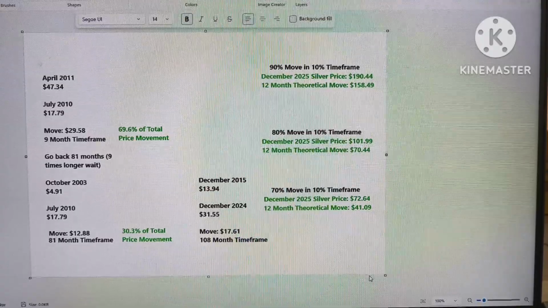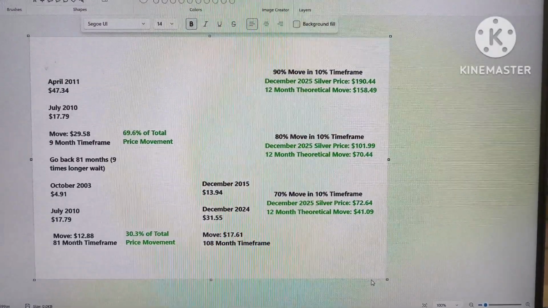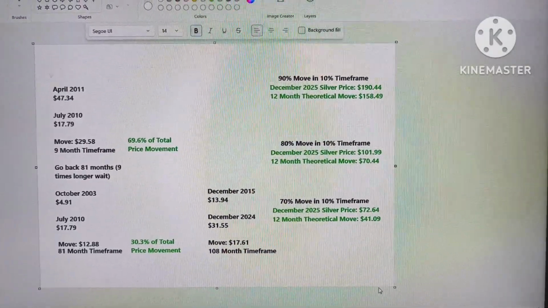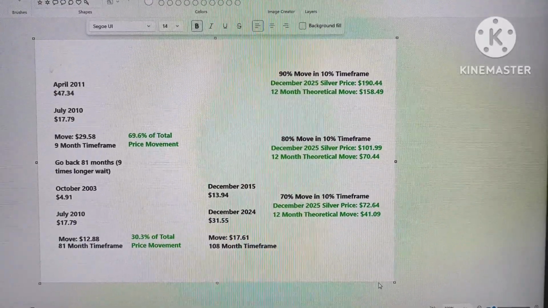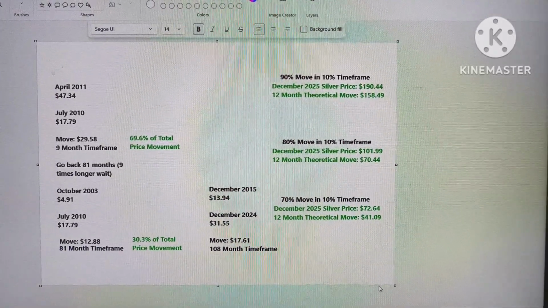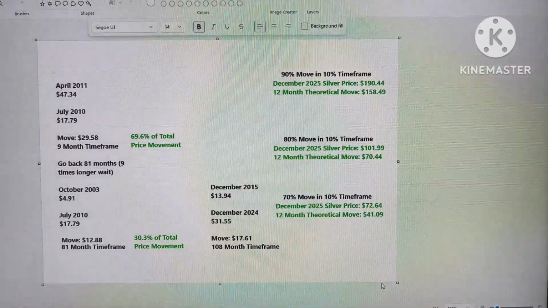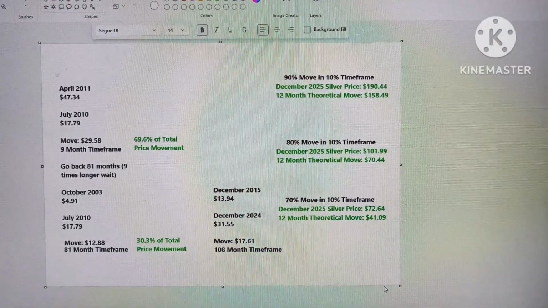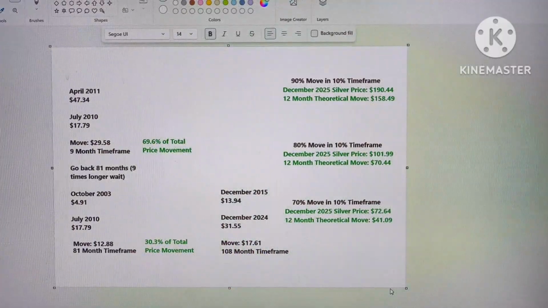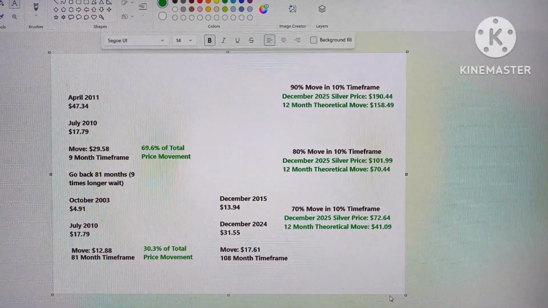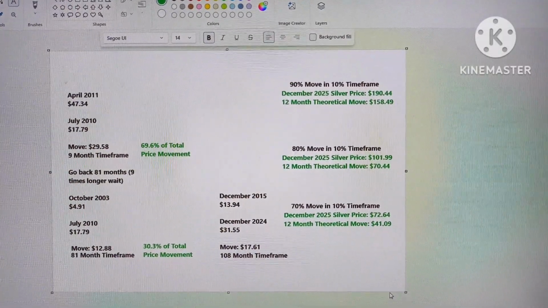And then the thing that I noticed is there's a huge difference between these numbers if we plug in the 80% or the 90% time frame here. You can see how much it picks up if the move that we've seen thus far is only 20% of the move or only 10% of the move. You can see if it's 20%, we got 101 as the final price.